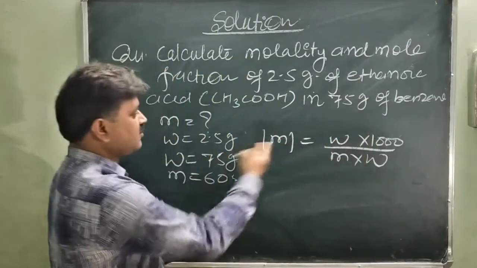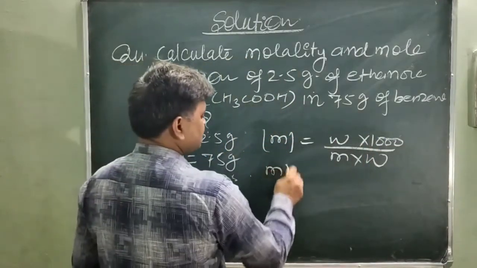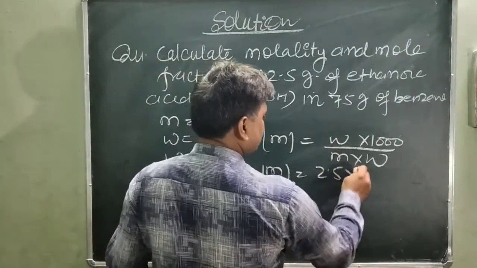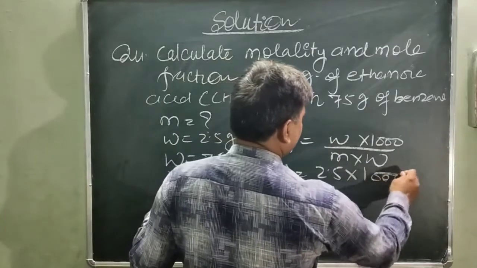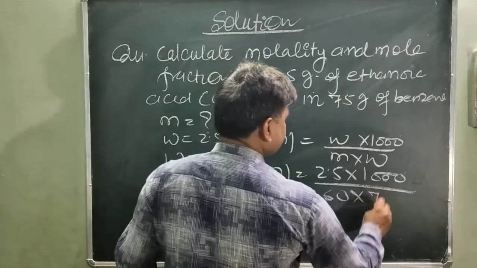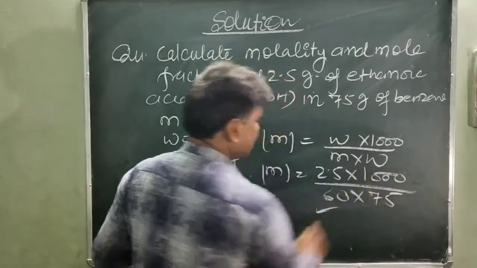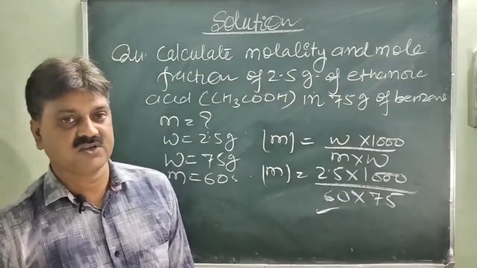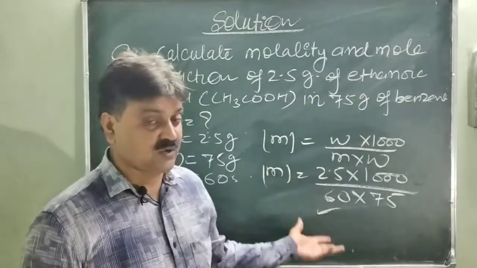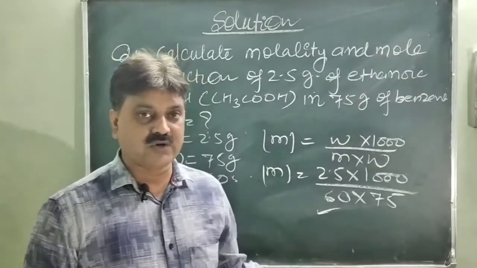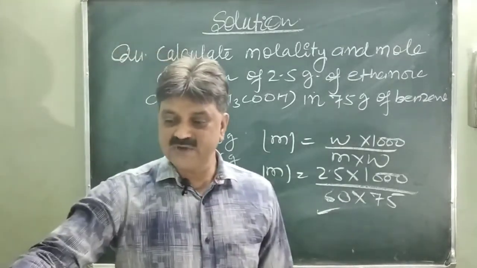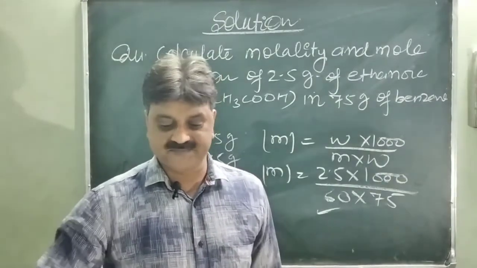Put the given values in this formula: m is equal to 2.5 into 1000 upon molar mass 60 into weight of solvent 75. So you can calculate the molarity of the solution yourself. Is it clear? I have given the method to solve the question, now calculate yourself. What would be the value?